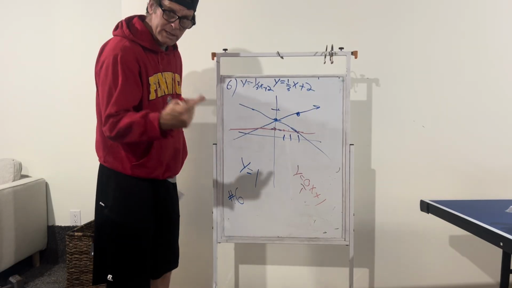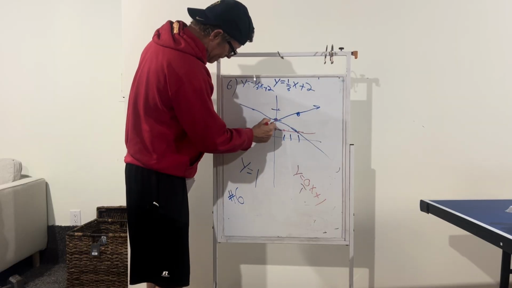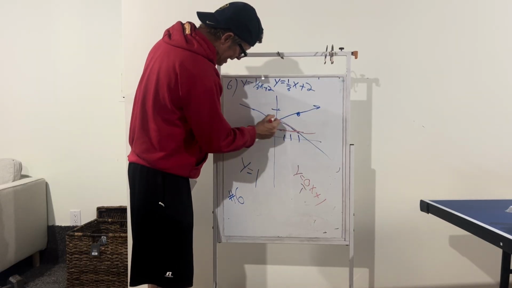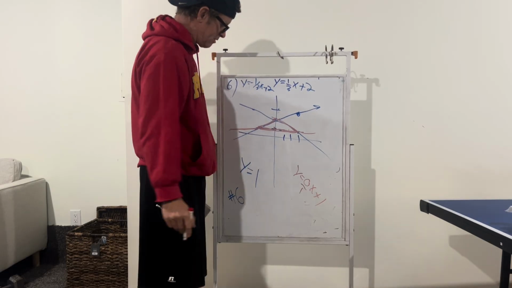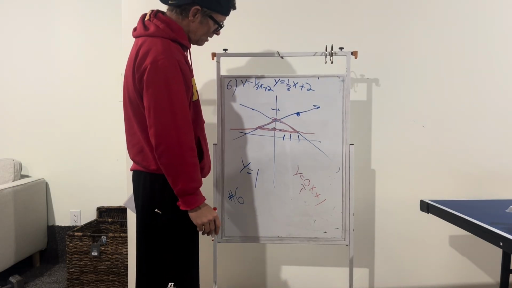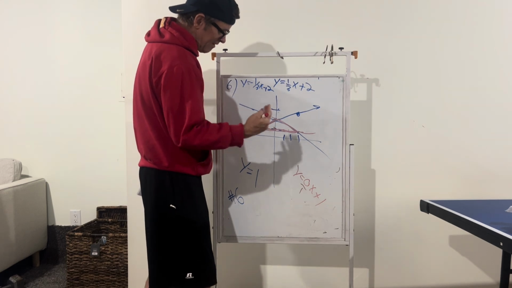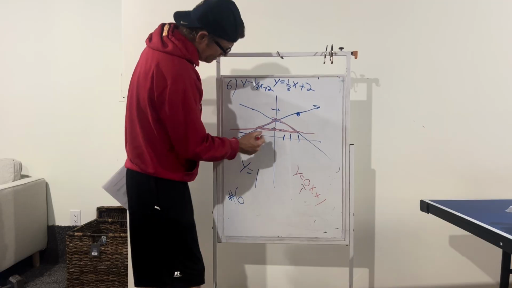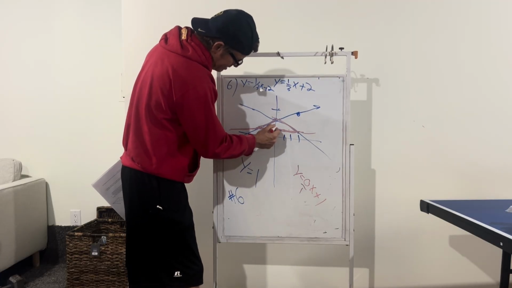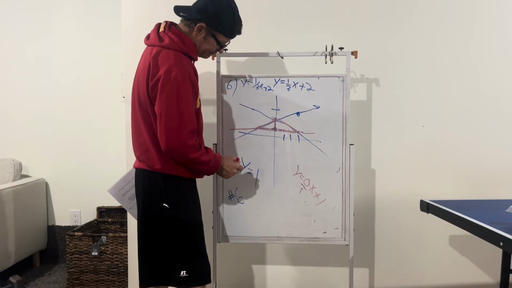Now, what is bounded by these lines? It's this triangle right here is the shape that is bounded by those lines. So how do you find the area of a triangle? Base times height. Well, it's pretty obvious that the height is just 1.